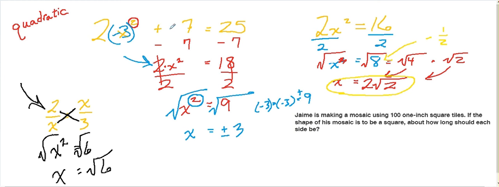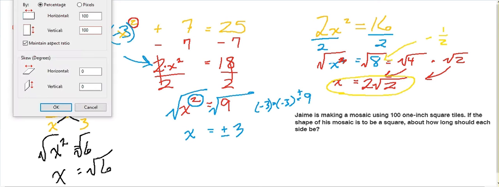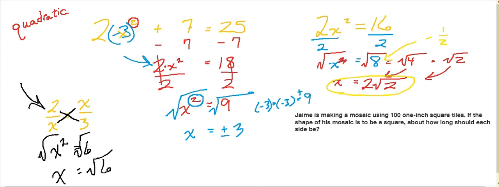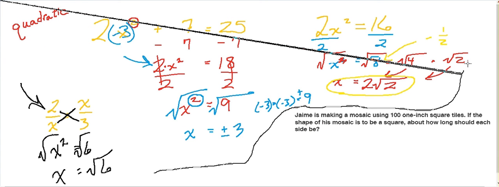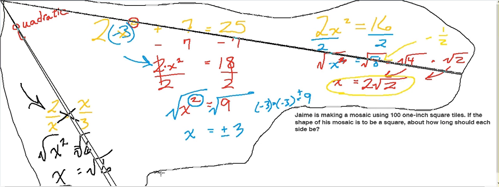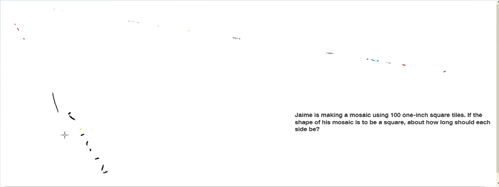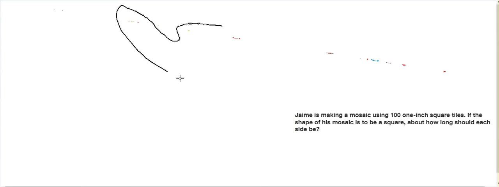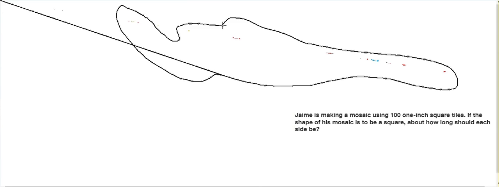How about Jamie making a mosaic? He's using 100 1-inch square tiles.